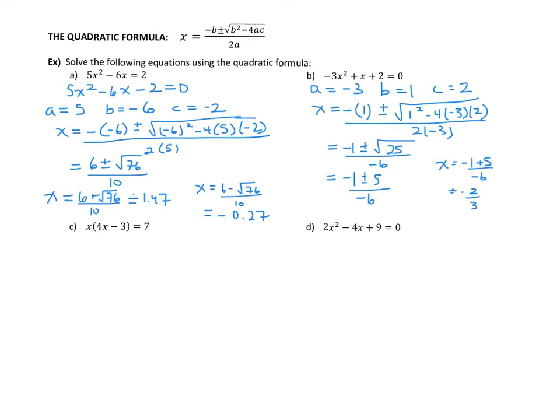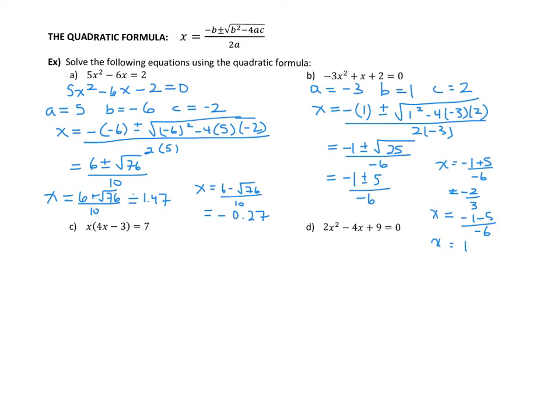You could take that to a decimal, but I'm just going to leave it in fraction form, so I don't have to worry about that decimal. Or we have negative 1 minus 5, which is negative 6, divided by negative 6, which is positive 1. So we have our two answers of negative 2/3 and a positive 1 for that one.